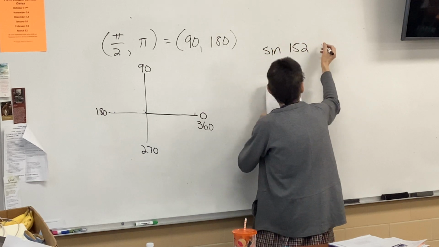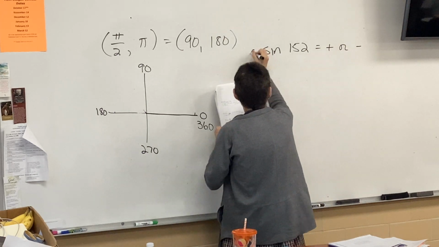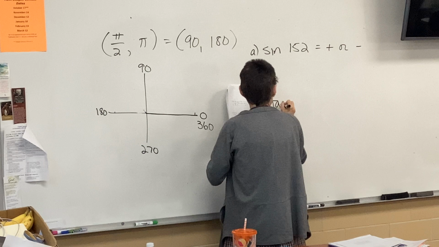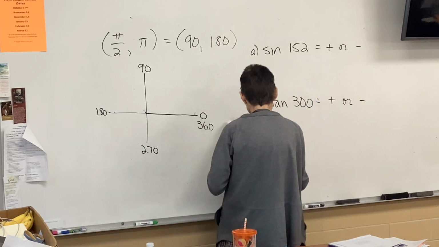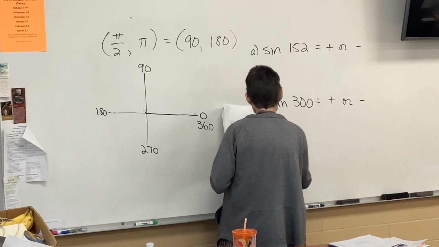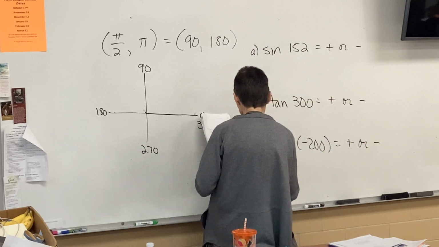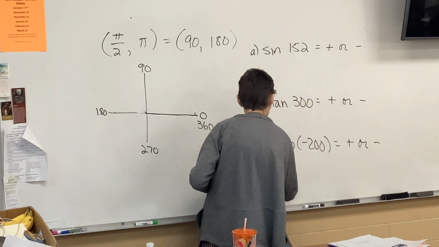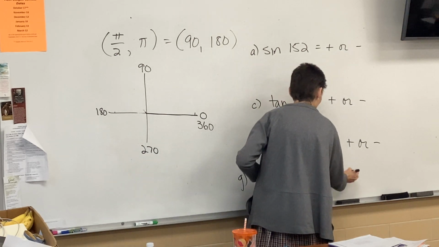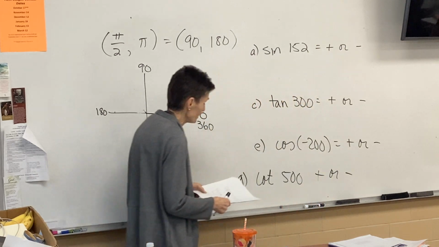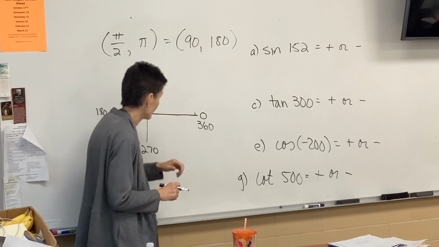So sine 152, will that be positive or negative? Let's say C. Tangent 300, positive or negative? Cosine negative 200, positive or negative? And cotangent 500, positive or negative? Now take a minute, we're gonna do these together, but take a minute and see if you can figure any of those out.